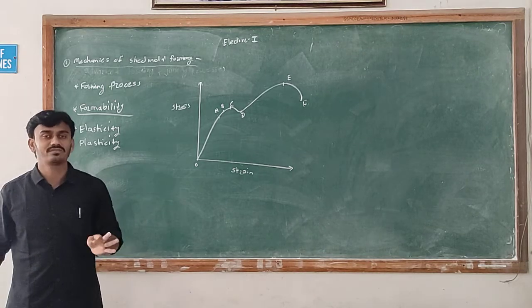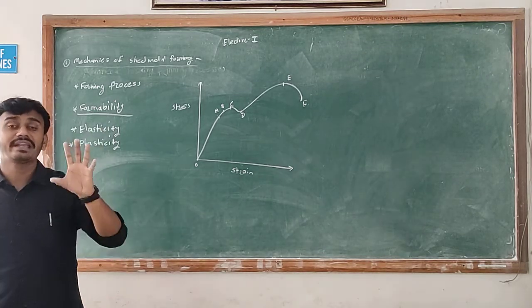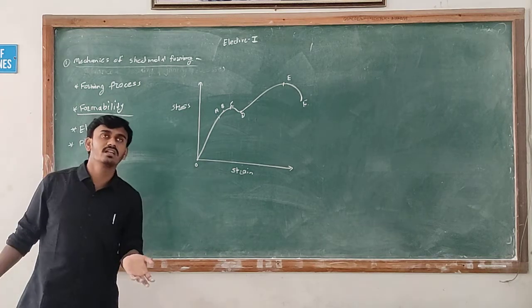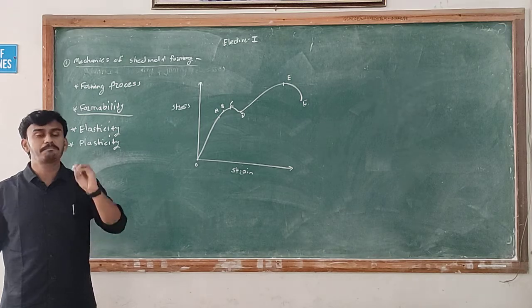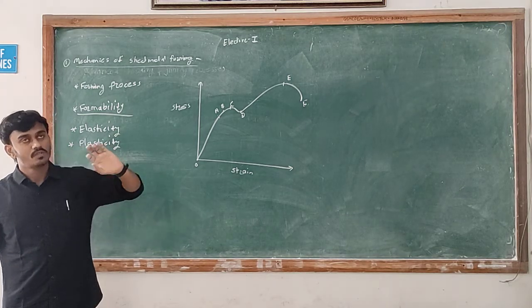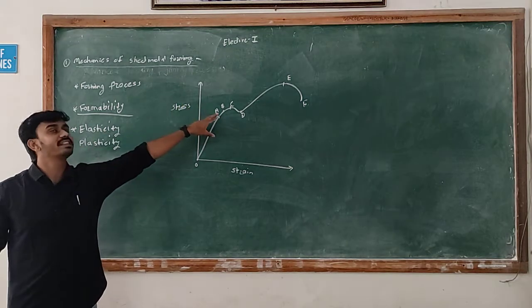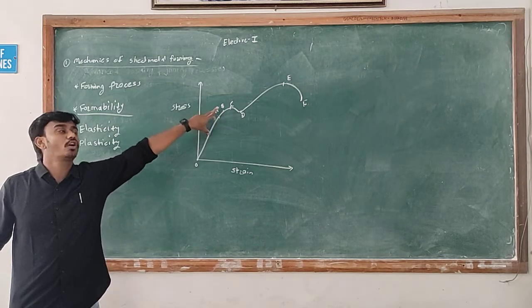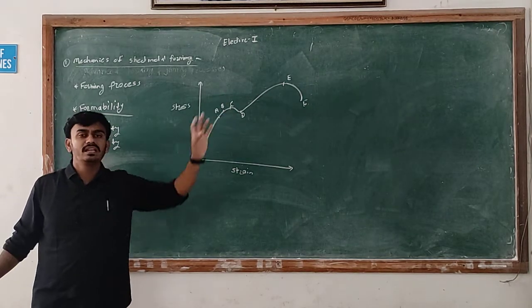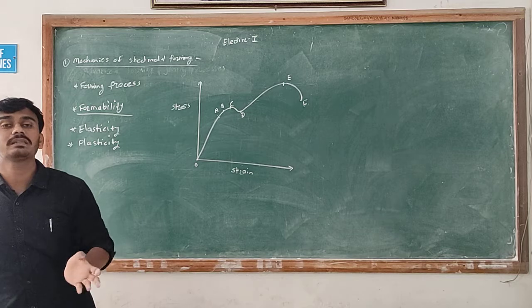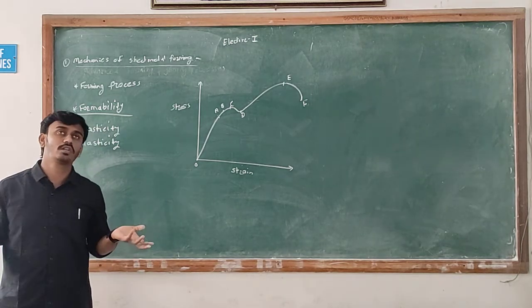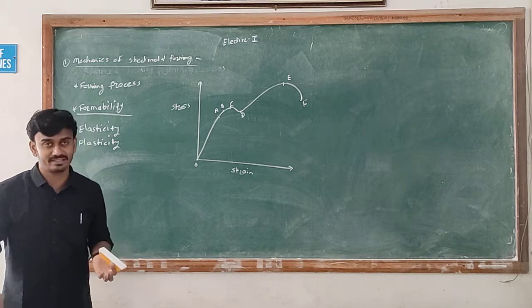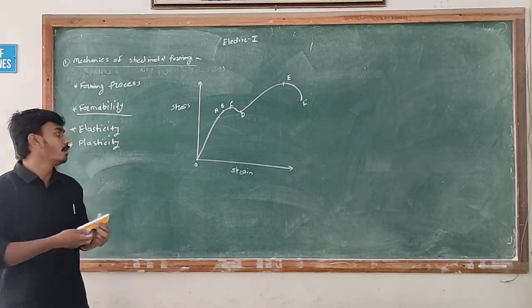That's why when we apply forces on a material in forming processes, the force should be greater than this plastic point B, meaning the force applied is above the plastic point.